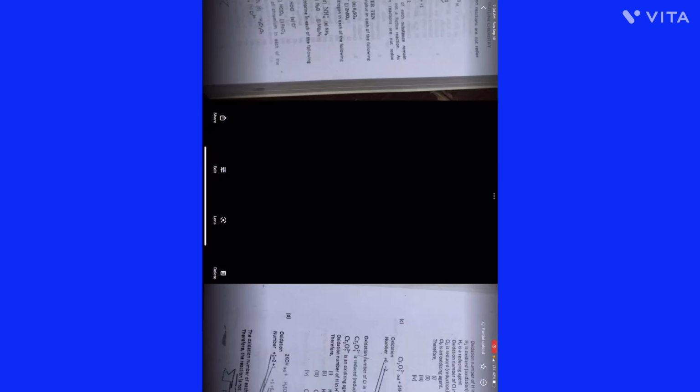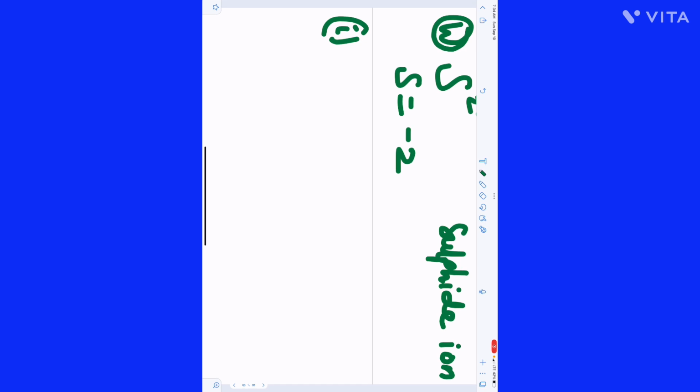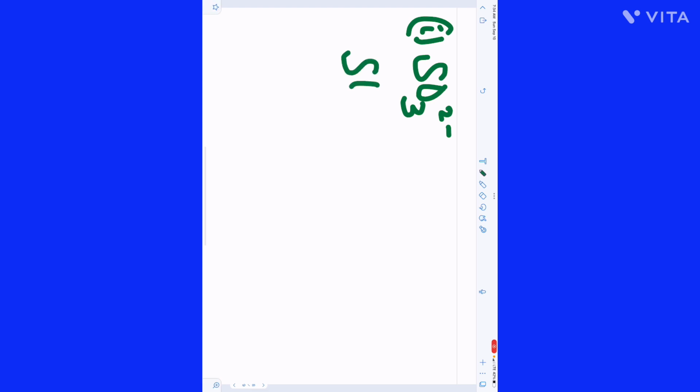Next question. In I, SO3 2 minus. Here, the total charge on this radical is -2. So if you put the charge of all the elements in the ion together, the total should be -2.